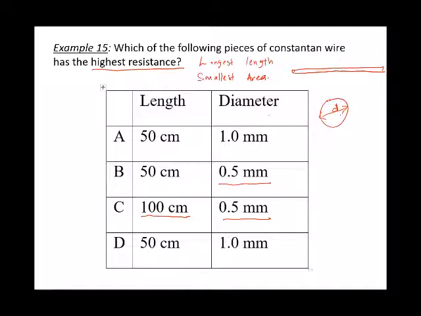So for C, this will be your answer. Pretty straightforward. Among the options A, B, C, D, this has the longest length. And then B and C both have the smallest cross-sectional area. But because this length is longer, therefore we say that C will have a higher resistance.